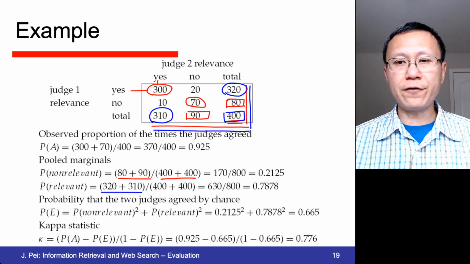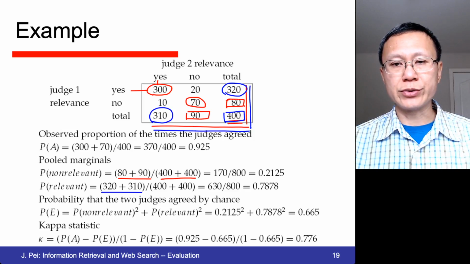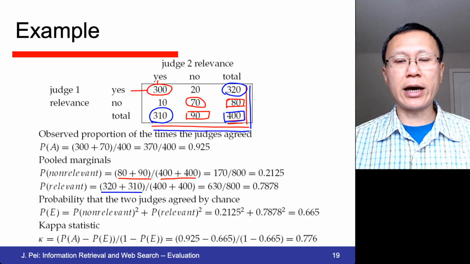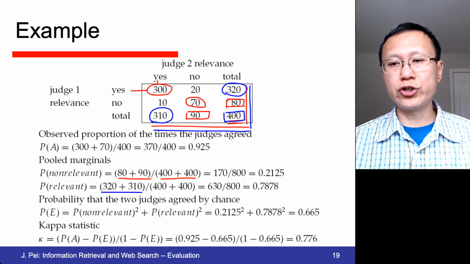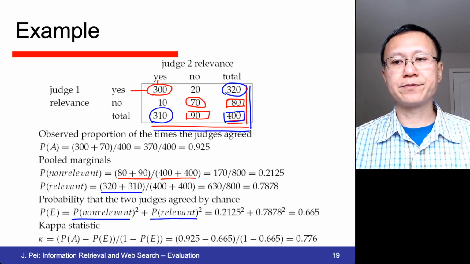Then if we take these two marginals, we can calculate the probability that the two judges agreed by chance, which is each one independently saying non-relevant, which is this part, or both of them independently saying relevant, which is this part.